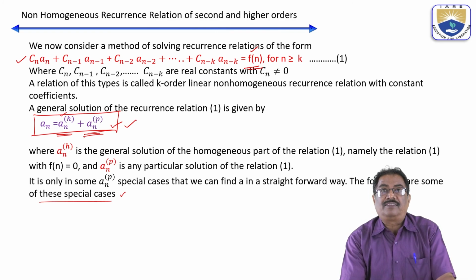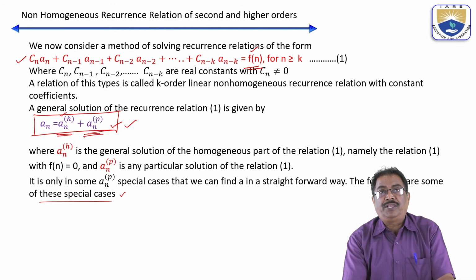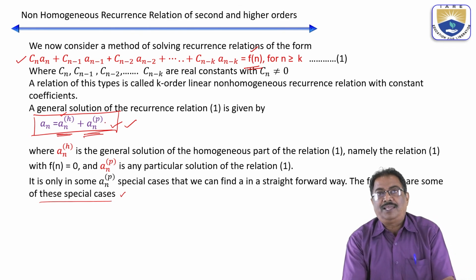This is the general solution for the non-homogeneous recurrence relation. Here, how to find a n power h we know, and we are considering only some special cases, not all the cases, and how we are going to assume a particular solution to the recurrence relation.